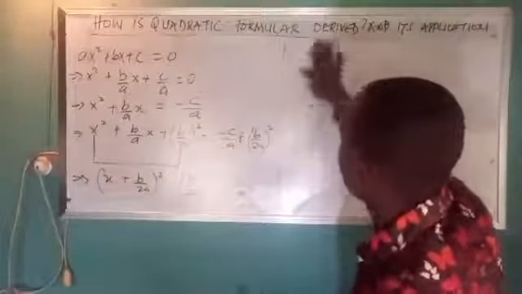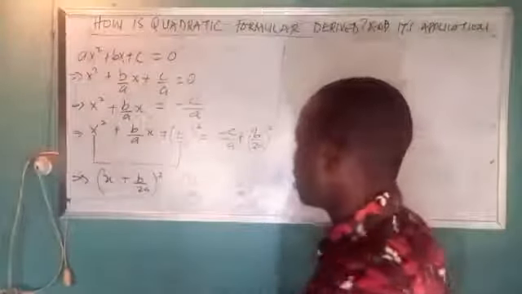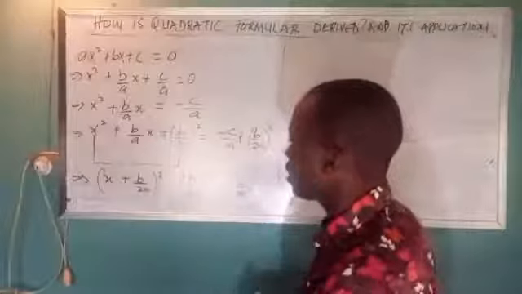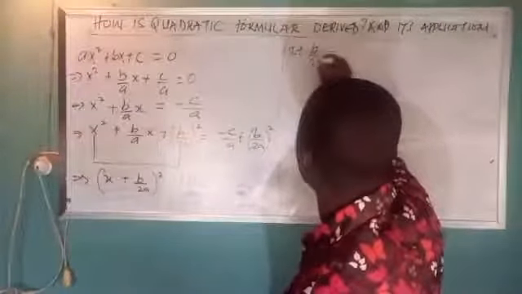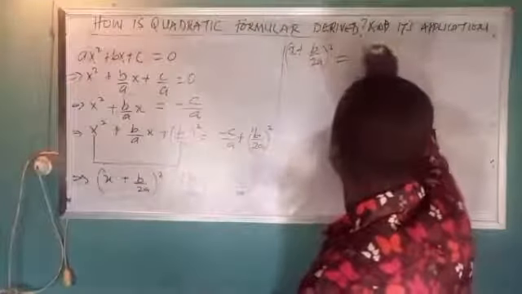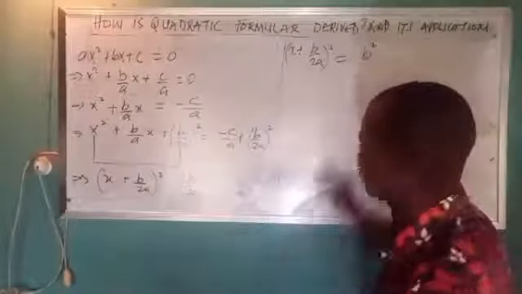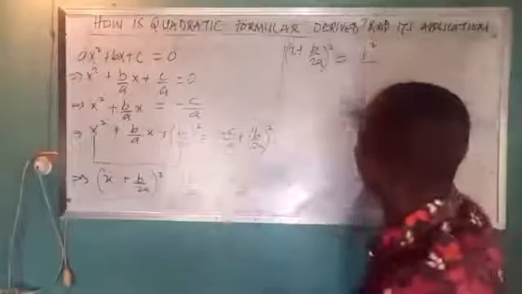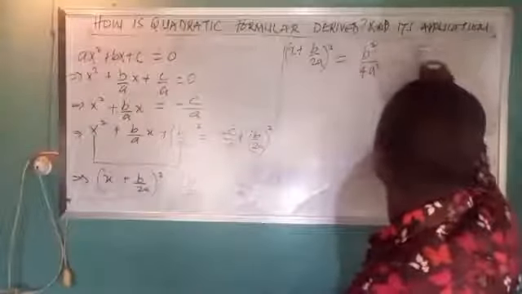From there, the next thing to do is to simplify this right hand side further. We have x plus b over 2a all squared equals b squared, that is b raised to power 2, over 2a to power 2, which is 4a squared, minus c over a.